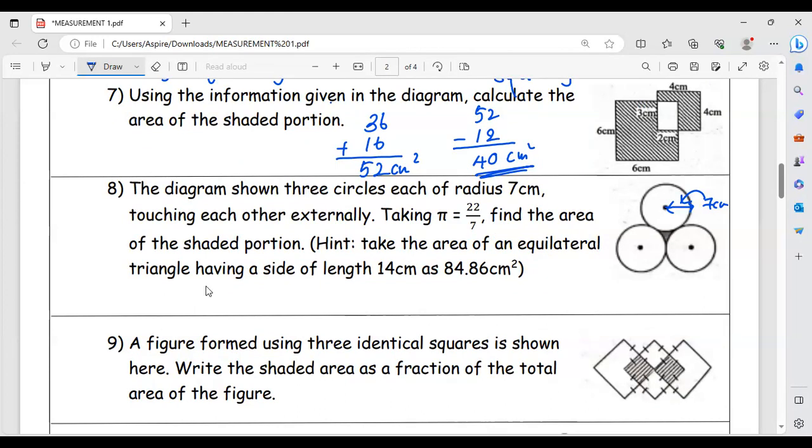Take the area of an equilateral triangle having a side of length 14 centimeters as 84.86 square centimeters. Have you obtained this answer?